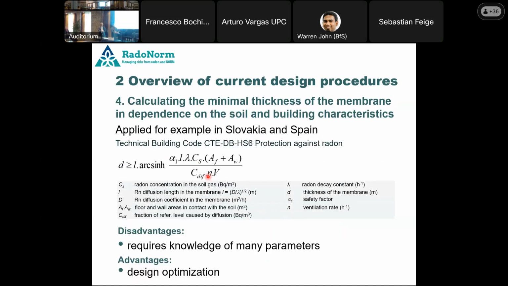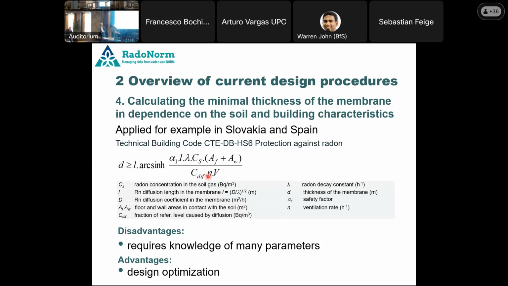Another approach is used, for example, in Slovakia or in Spain, and it used to be applied in the Czech Republic until 2019. It's a detailed calculation of the thickness of the membrane in dependence on the parameters of the building, such as floor area in contact with the soil, interior air volume, intensity of ventilation, then parameters of the soil, such as soil gas radon concentration and soil permeability, and lastly, the parameters of the membrane, such as the radon diffusion length in the membrane, and so on.